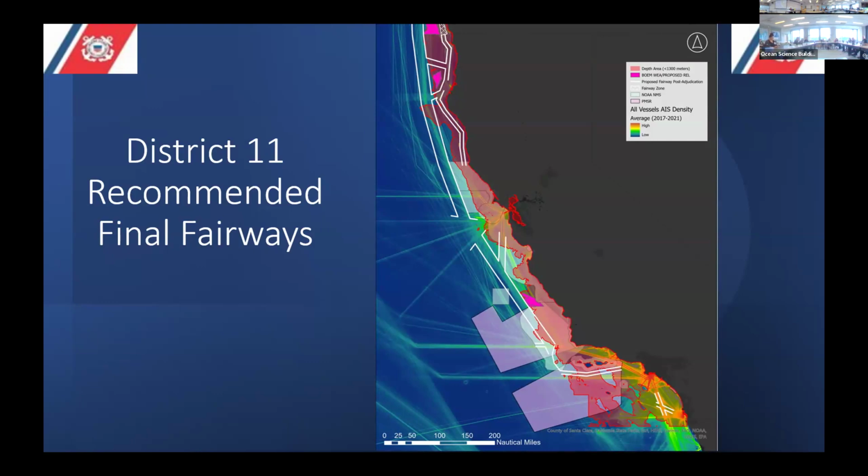There were lots of discussions between BOEM and District 11 on trying to create the least amount of impact as possible to the area that BOEM was trying to utilize, and also to leave all national marine sanctuaries as protected as possible.